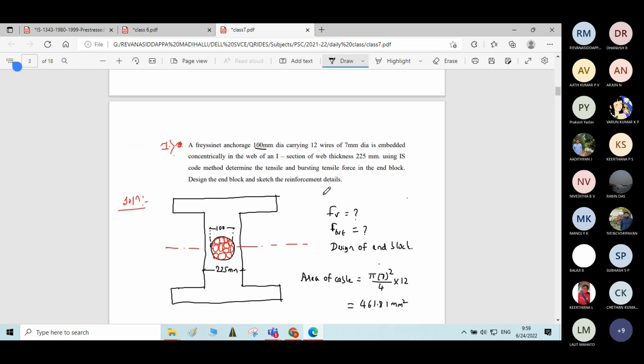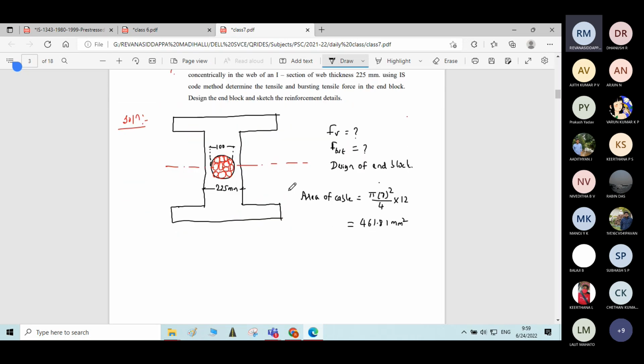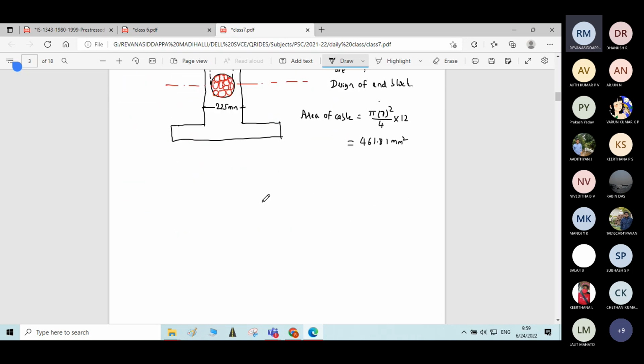And stress in the cable is not given, correct? In this problem, stress in the cable is not given. If it is not given, you take the characteristic strength of the cable only. That is why we will assume the characteristic strength f_p is a standard value, 1600 Newton per mm square.